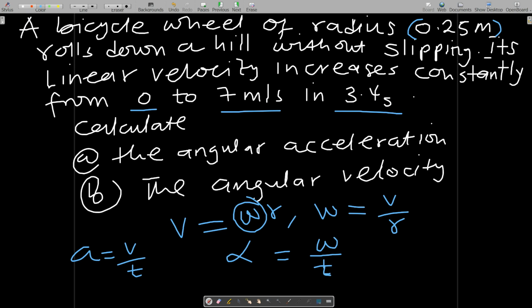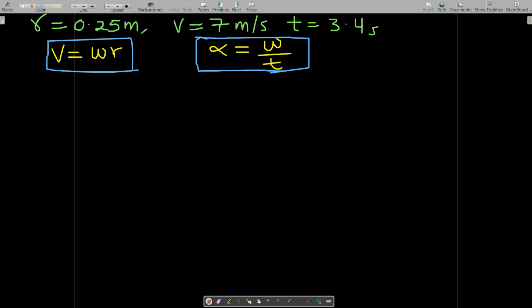So we are supposed to solve for the angular velocity, part b, before we can solve for the angular acceleration, part a. Let's go ahead and do it. The velocity increased from 0 to 7 meters per second, so the total velocity is 7 meters per second.